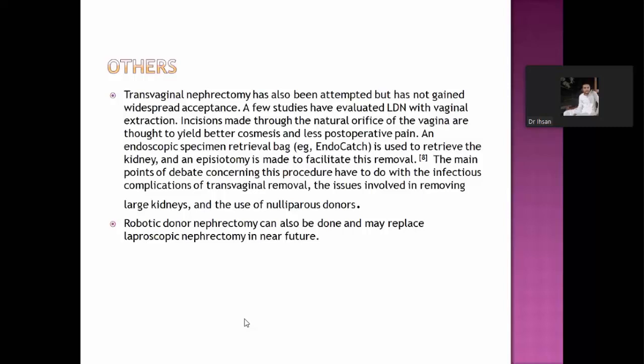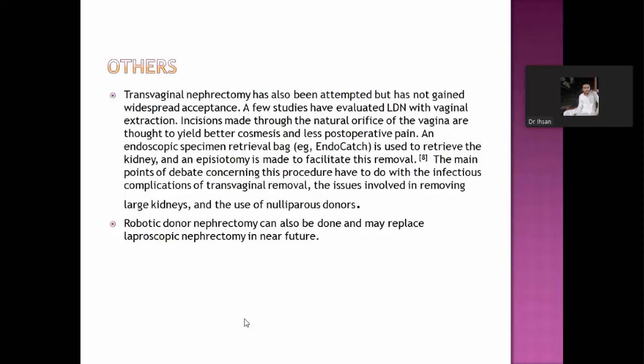An endoscopic specimen retrieval bag, Endocatch, is used to retrieve the kidney, and an episiotomy is made to facilitate this removal. The main point of debate concerning this procedure has to do with the infectious complication of transvaginal removal. The issue is involved in removing large kidneys and the use of nulliparous donors.